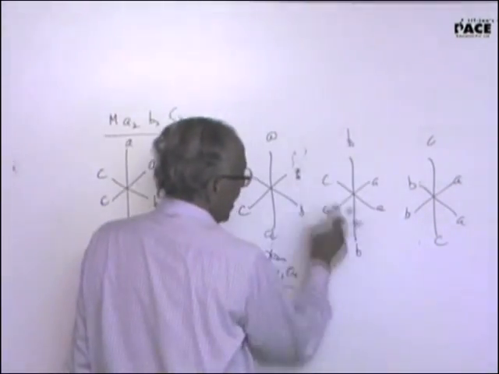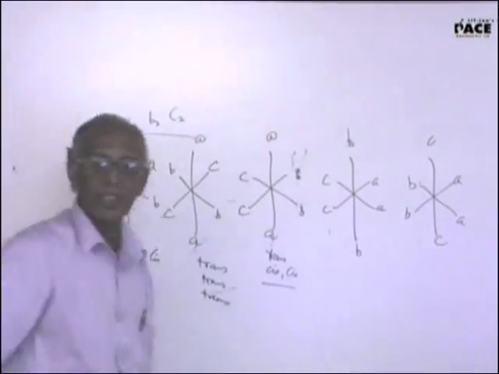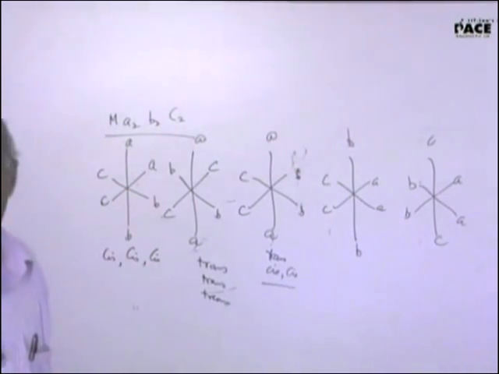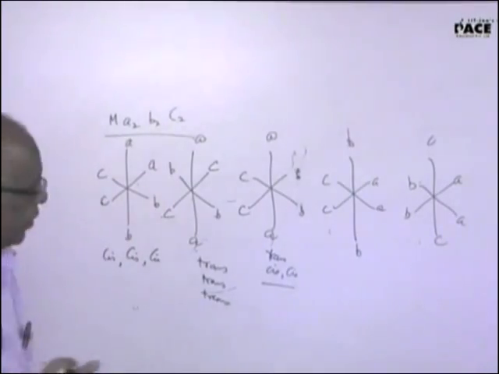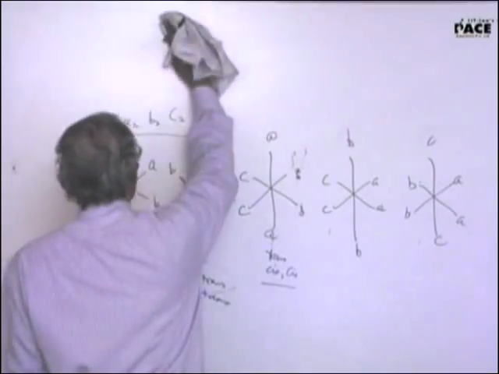B trans to C, A and C are cis. C trans to C, A and B are cis. So there are 5 geometrical isomeric structures possible for these compounds. Okay.